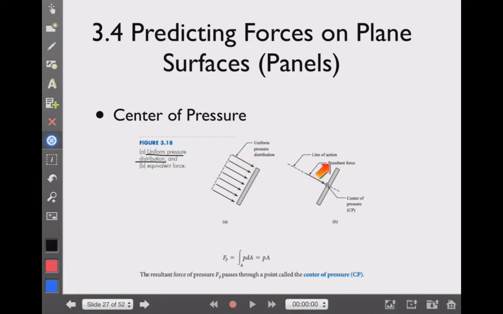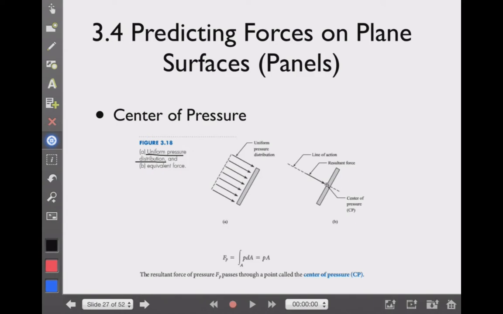And this resultant force, Fp, will be that force acting on that panel. And that has to go through what's called the center of pressure. And that's true for a non-uniform distribution, which we'll look at in a minute. But for this one, the center of pressure actually is coincident with the centroid of this panel.